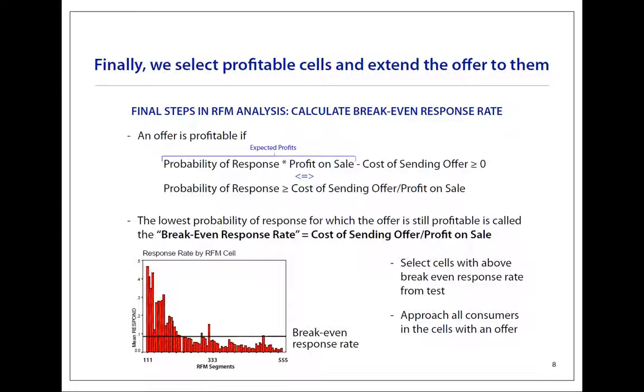So what we will do is, since we know the response rates of all the segments in the remaining customer database based on our test on the random sample, I will pick those segments with an estimated response rate higher than this break-even, send this offer to every one of them, and forget all the remaining segments whose predicted response rate based on the random sample is lower than this break-even.